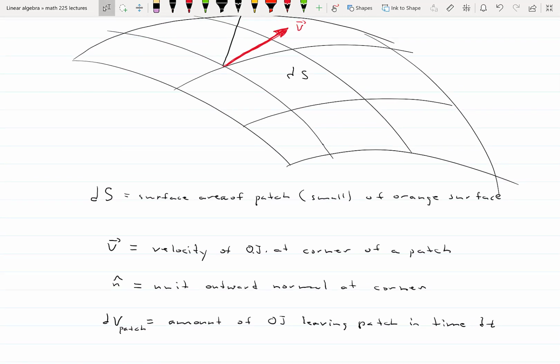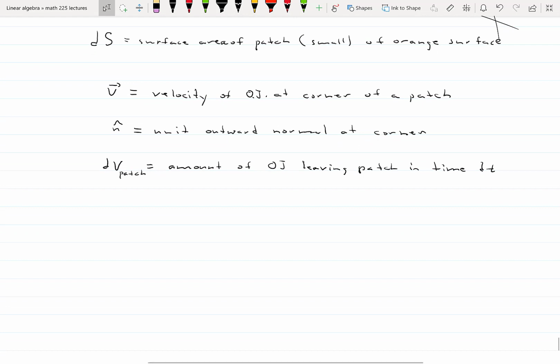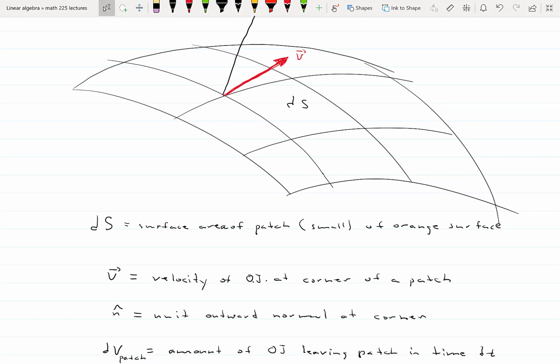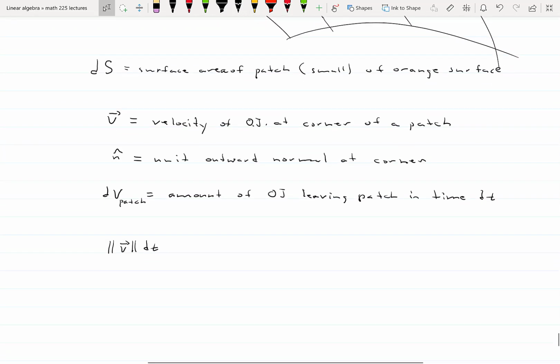I'd like to describe the distance that the orange juice has traveled in that small time. The distance is the magnitude of v times dt. This is something we learn in pre-algebra: rate times time equals distance. The magnitude of v is the speed at which orange juice leaves that corner, or that entire patch, since we're assuming that the velocity is constant in that really tiny patch.